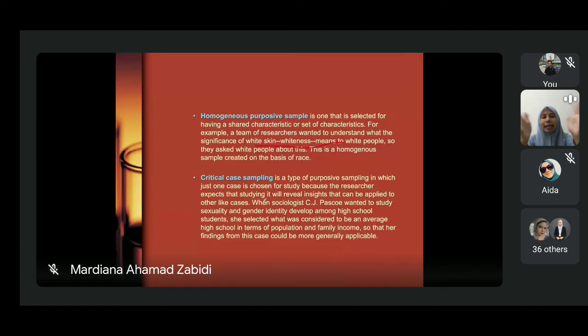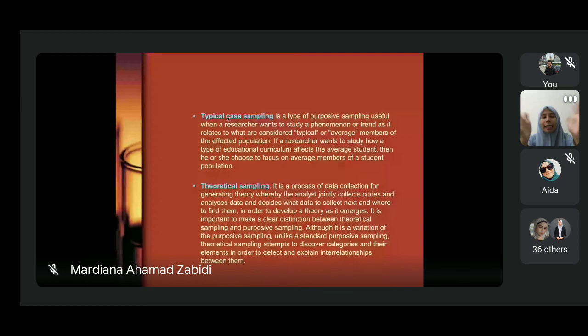That one is critical case sampling. Selalunya bila kita study critical case sampling ni, we require more years untuk kita nak study this selected group of people.